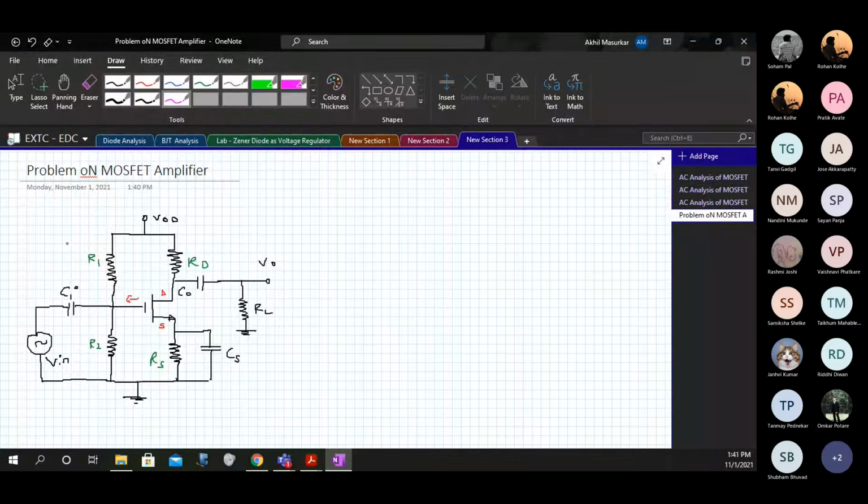So this R1 is 100 kilo ohms, this is 20 kilo ohms, this is 5 kilo ohms, RS is 1 kilo ohm, 10 microfarad, this is 2 microfarads, CI is, let's say, 1 microfarad.